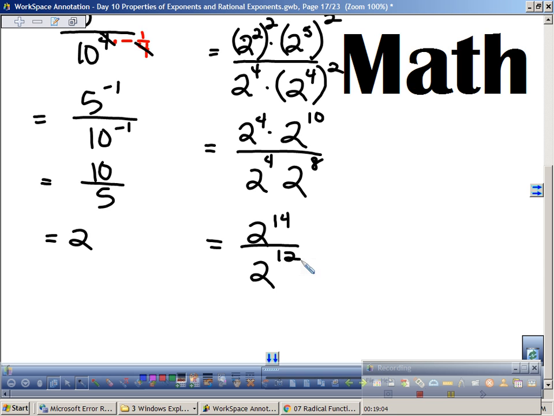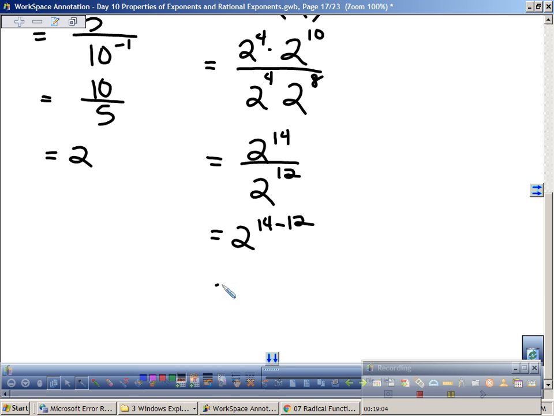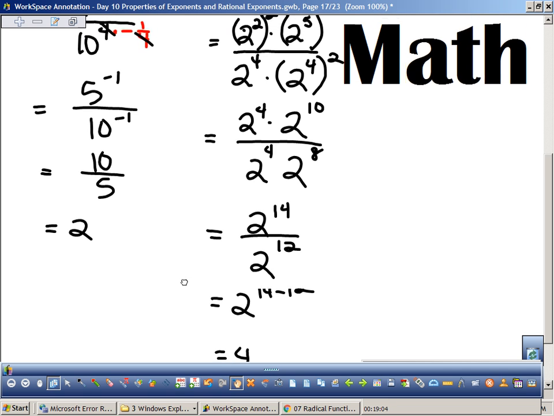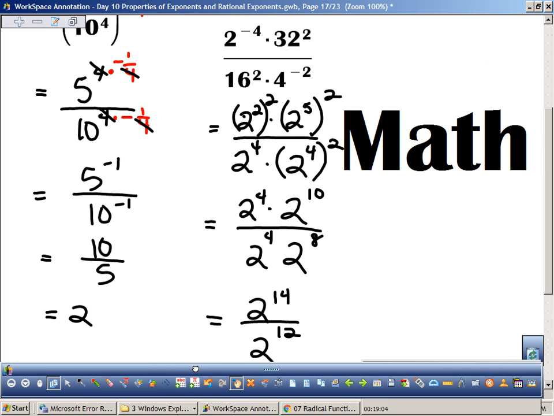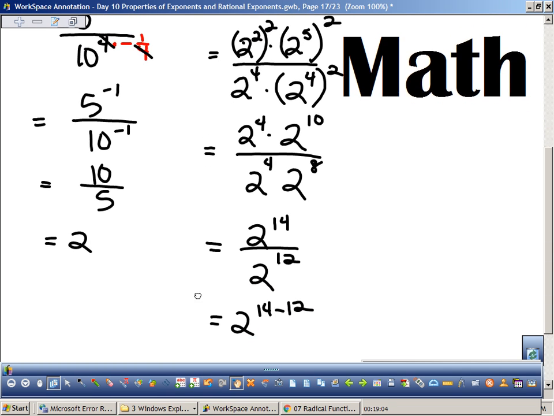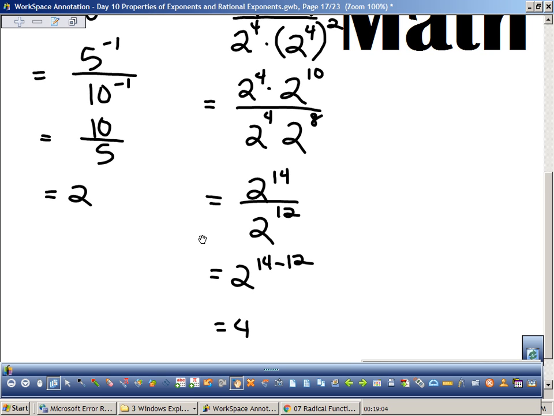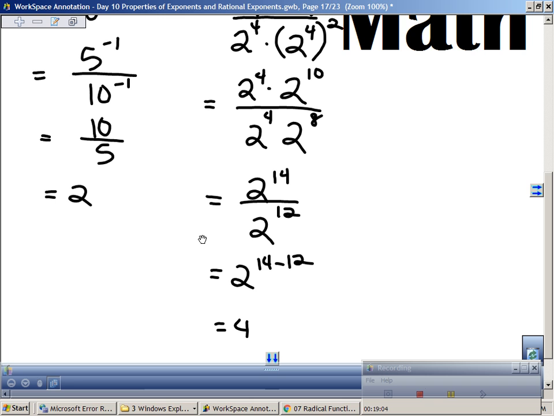Couldn't I just use that subtraction thing now? 2 to the 14 minus 12. It's just 2 squared, which is 4. So this whole thing is 4. All of that is 4. It's just manipulating exponents.